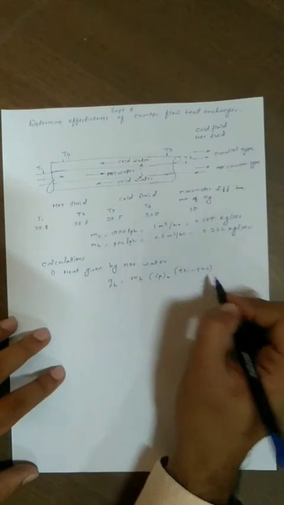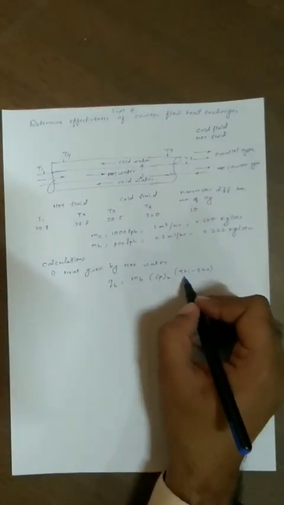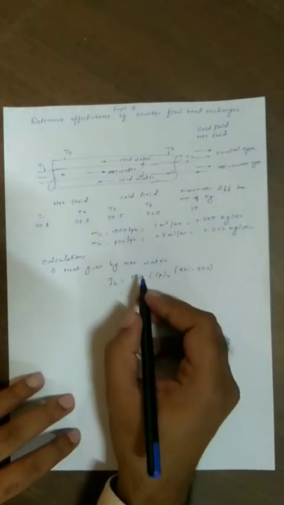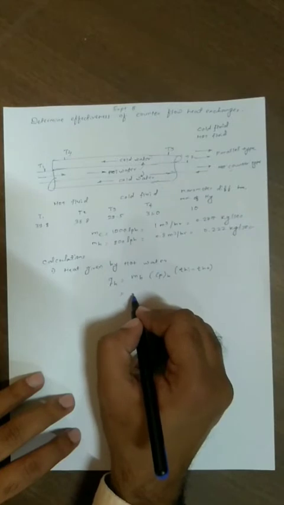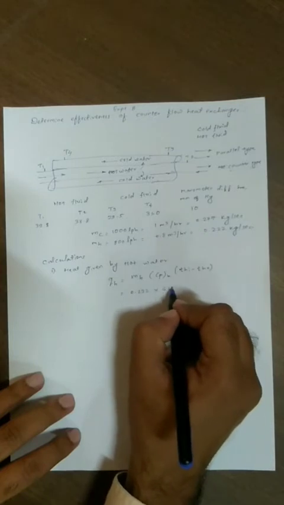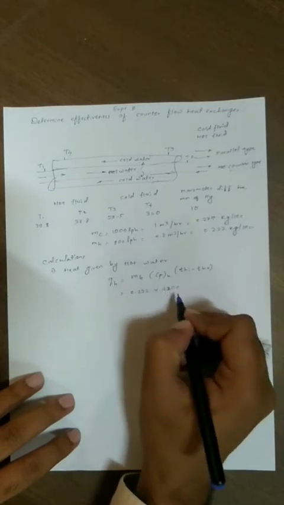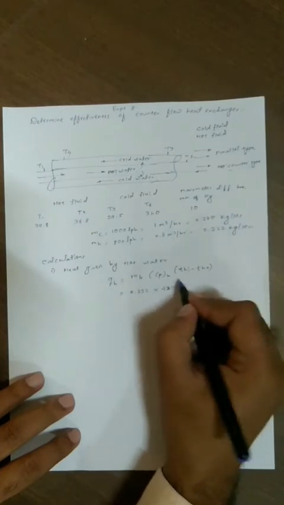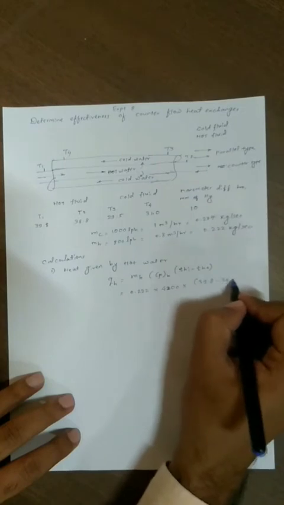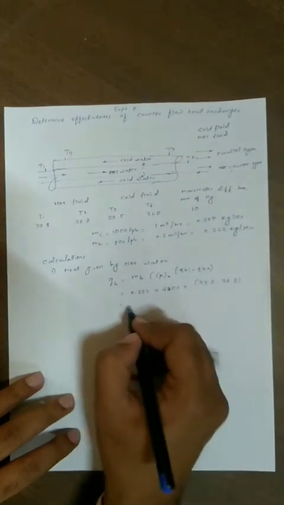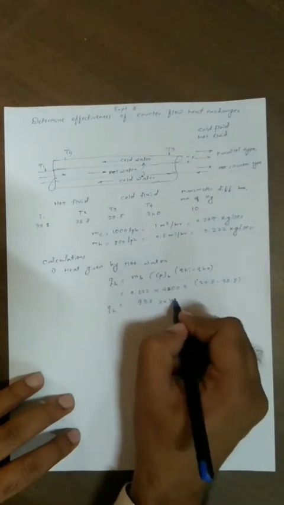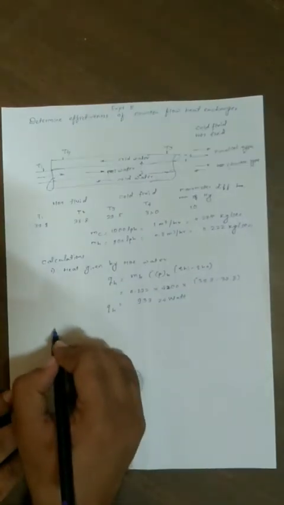What do we mean by THI minus THO? THI is the inlet temperature of the hot fluid, THO is the outlet temperature of the hot fluid. So it will become 0.222, CP we are going to refer to the table and we have got 4200, and the temperature difference is 39.8 minus 38.8. So you are going to get QH equal to 933.24 watt.